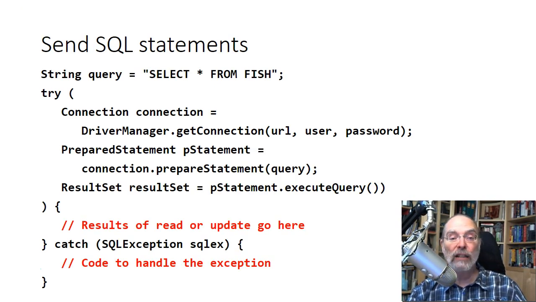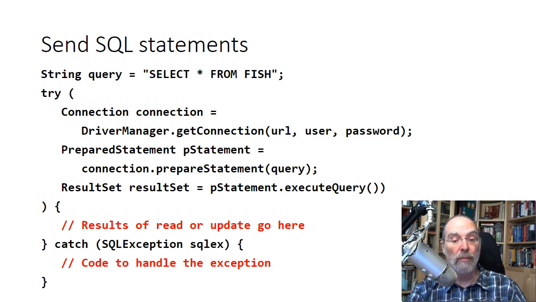So, with our connection made, it's time to talk SQL. So here we see a nice simple query, select star from fish. You can pretty much figure out that this is going to retrieve all the 200 fish from my aquarium database. And now we see how we've added to my try with resources block. There's my connection, but now I've added two more objects that I am creating.